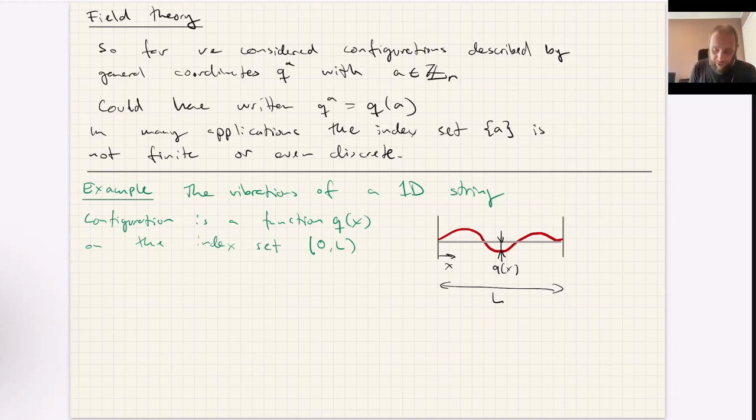So here we say that q of x is a field. It's a scalar field. It's a single number that depends on position x. Okay, that's the configuration.